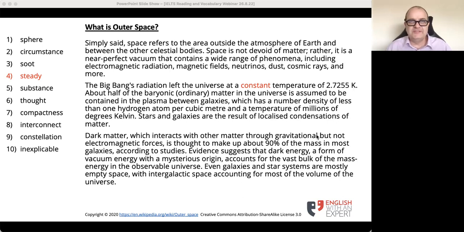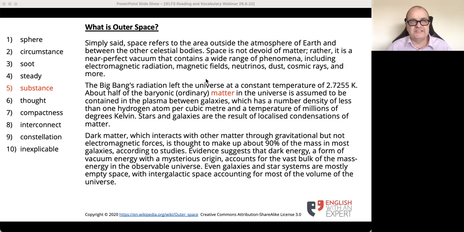Anybody disagree? You're correct. Very good. I can see that both of you must have quite a high level of English already, in a way. Matter is what we are made of. Very general word, very scientific word. Substance is also another general word meaning the things that we are made of.